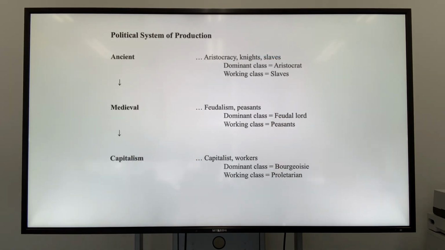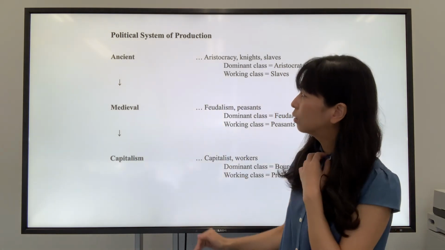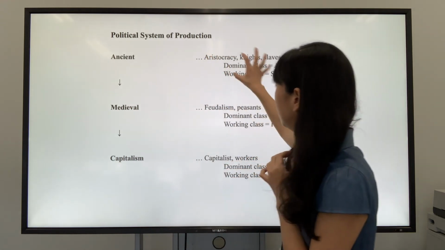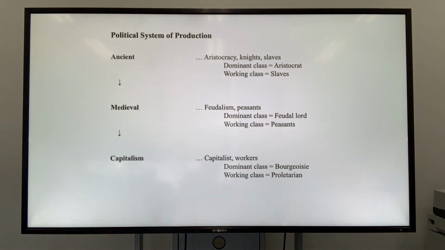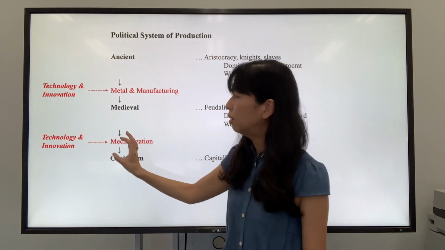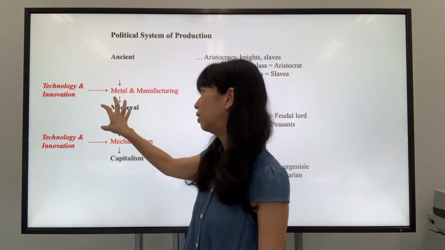So going back to this political system of production, you had different ways to express capitalism during different periods. What makes this differentiation is basically related to the surplus value that has been invested in the machinery, this technology and innovation. So in between, you have this input of technology and innovation.